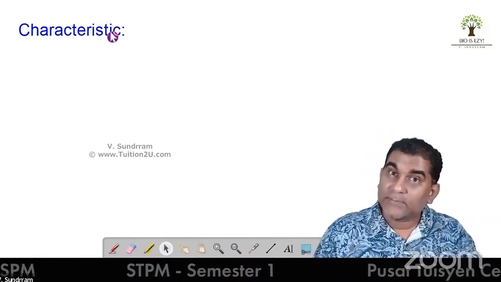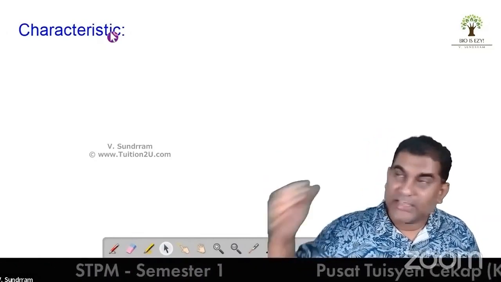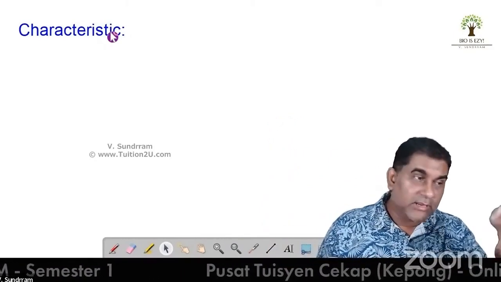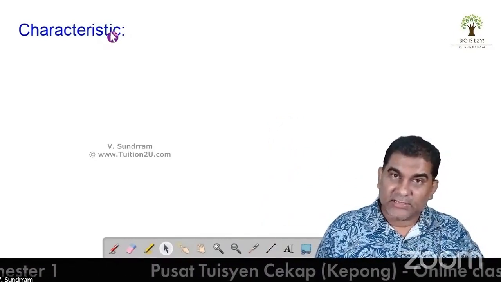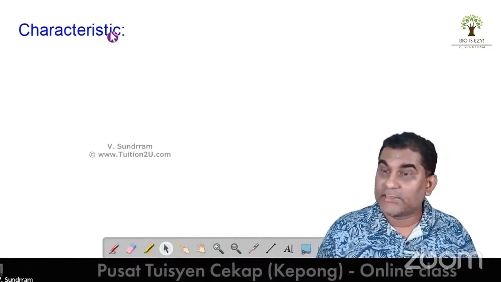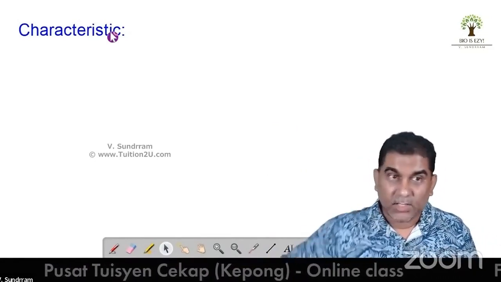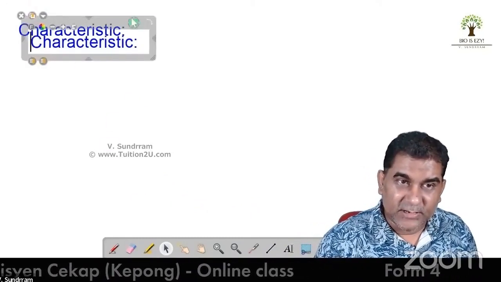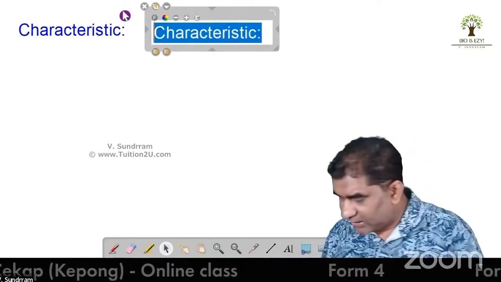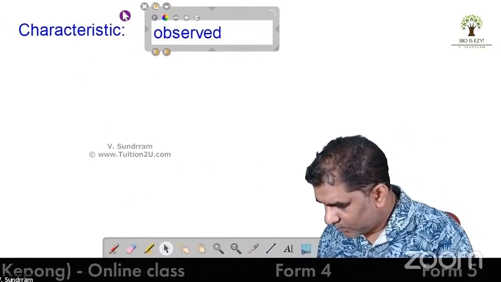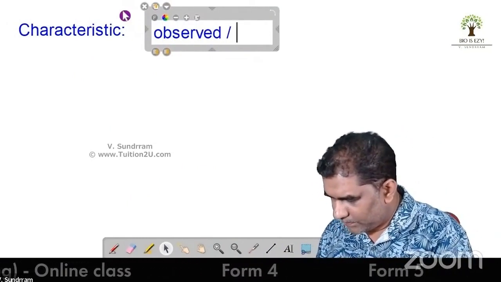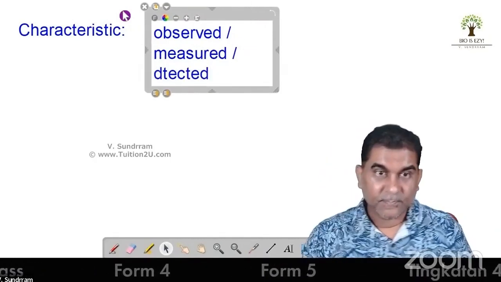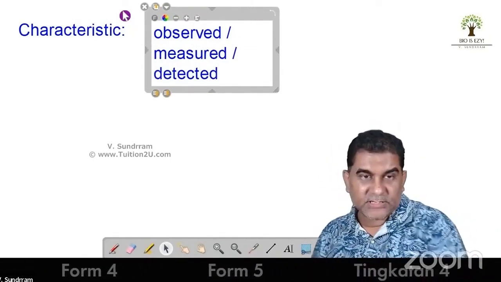There is also something that you need to measure, for example height, length of the organism, the number of cells in the organism, or the volume of the organism. So a characteristic in general means something that can be observed, measured, or detected.